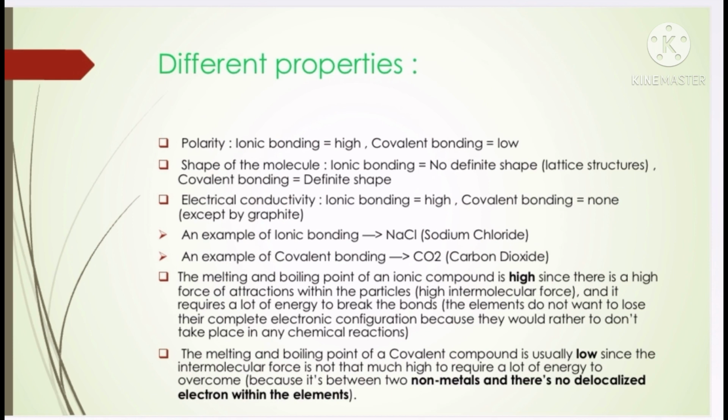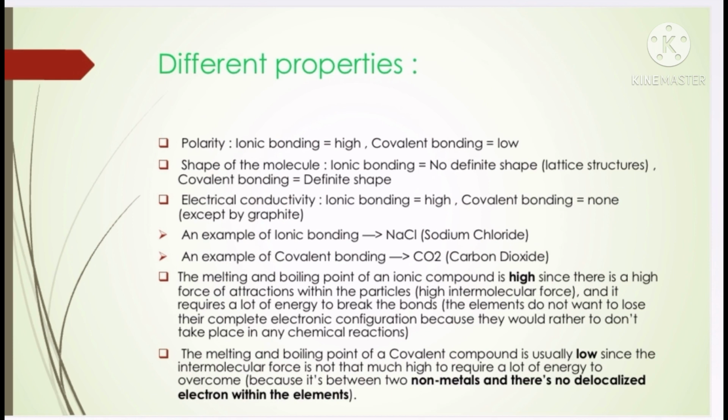The melting and boiling point of a covalent compound is usually low, since the intermolecular force is not high enough to require a lot of energy to overcome. So we can break the bonds of a simple covalent structure much more easily than those of ionic compounds. But there are exceptions in some giant covalent structures, since there are a lot of atoms chemically bonded together to make strong covalent bonds, so they have a high melting and boiling point.